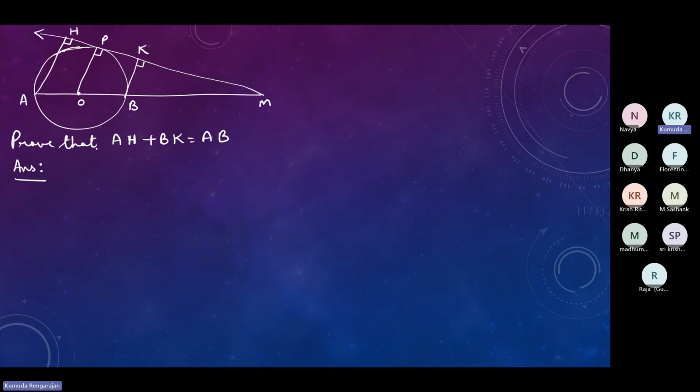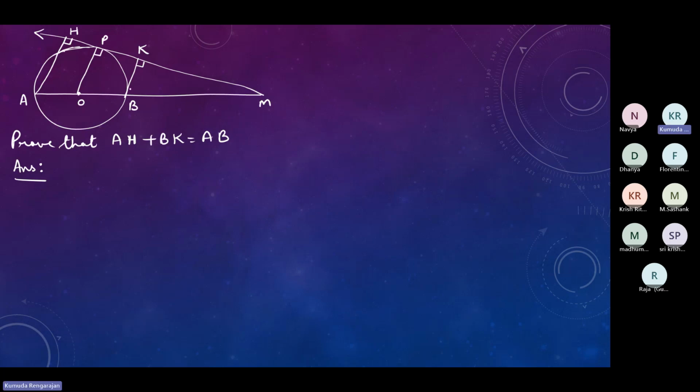So here we have three right triangles. Now fix one triangle and prove that it is similar to the other two triangles. Supposing you fix the smallest triangle, MBK.